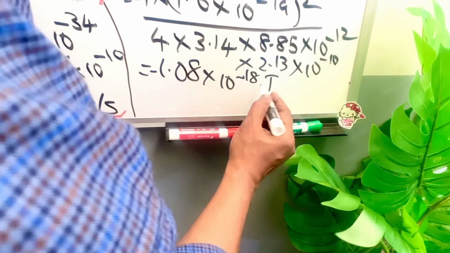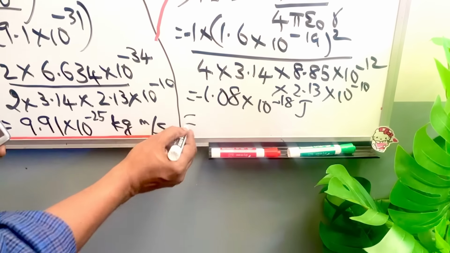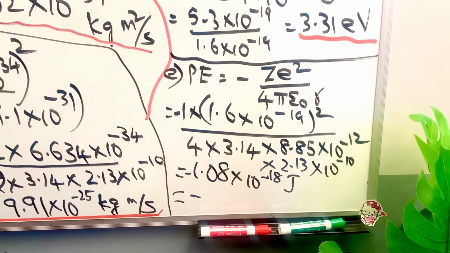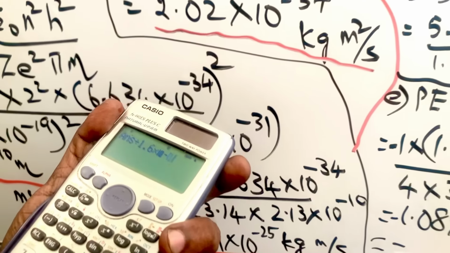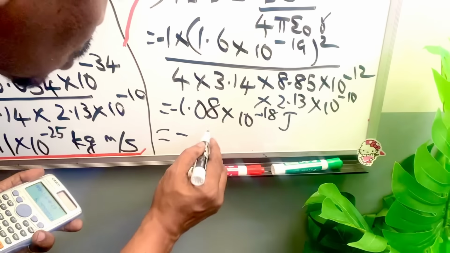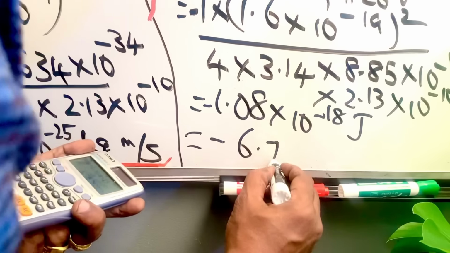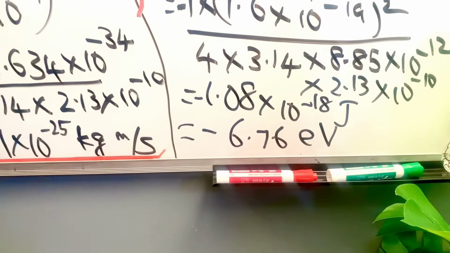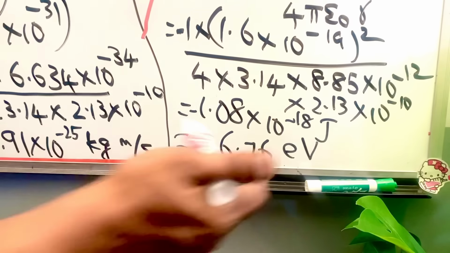Everything is correct in joules. And converting into electron volt, I just have to divide by 1.6 times 10 to the power negative 19. So we will get the answer as negative 6.776 electron volt.